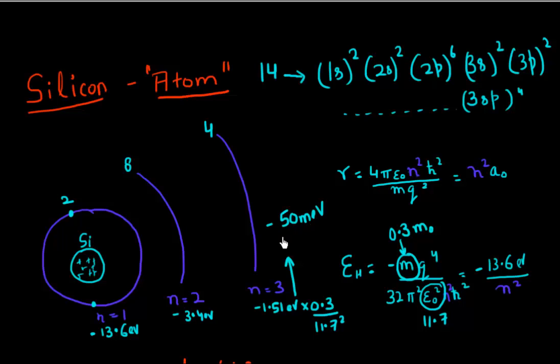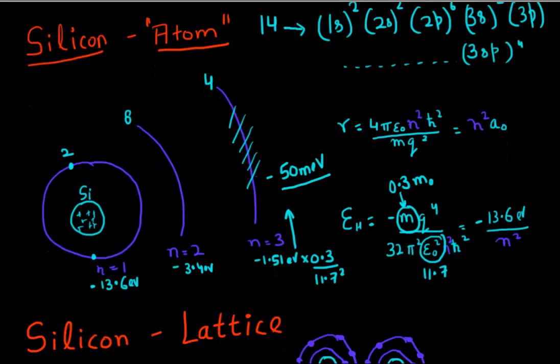So you see that these electrons in the valence shell are not as strongly bound, and these valence shell electrons are the ones responsible for most of the properties, as we know from our Bohr model as well. So now what happens when, instead of going from an atom, you go to a lattice?